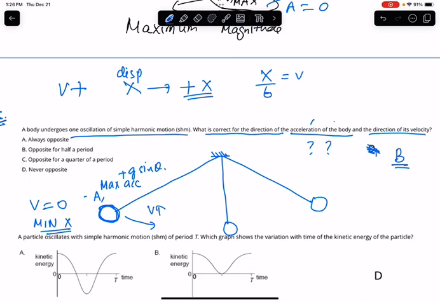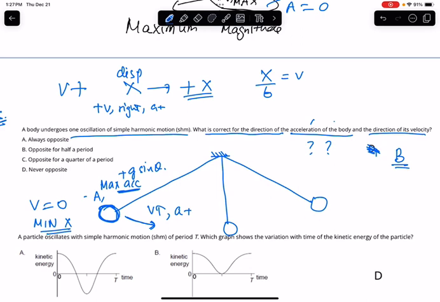So when the pendulum is going to the right, the velocity is positive. The acceleration in this case is also positive, because you have a positive velocity and the object is going towards the right. And we have already seen that at the left amplitude, you have your maximum acceleration.